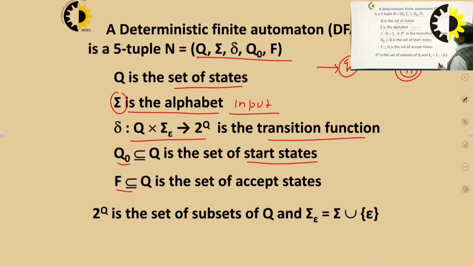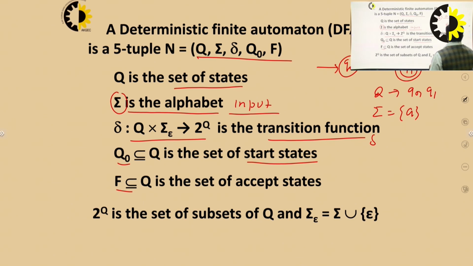Initial state is Q0. What is the Q? Q0 and Q1 is your Q. What is the sigma? Sigma is A. What is the transition function for this problem?